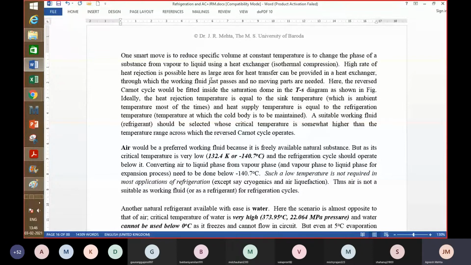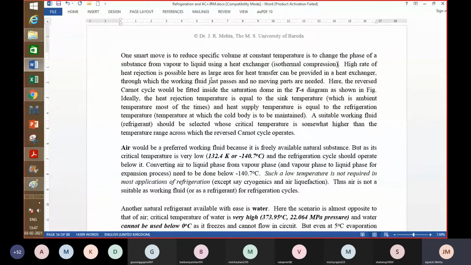Here, the reverse Carnot cycle would be fitted inside the saturation dome in the TS diagram as shown in the figure. Ideally, the heat rejection temperature is equal to the sink temperature, which is ambient temperature in most cases, and the heat supply temperature is equal to the refrigeration temperature, ideally. Right?